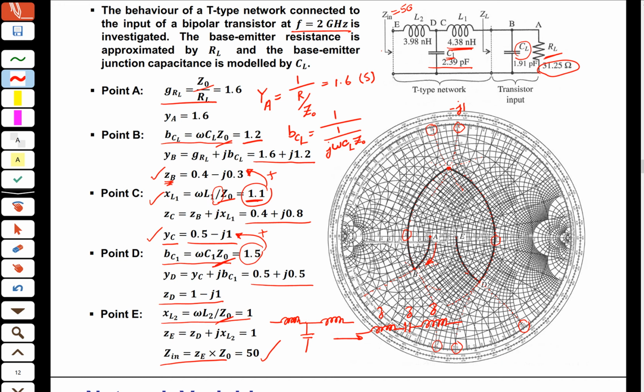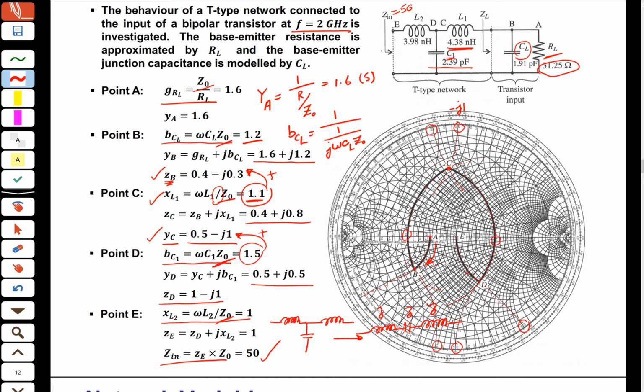Capacitance in series gives you susceptance, yes. Then again find the corresponding susceptance, and then add the susceptance to the capacitance, and then find the corresponding reactance.